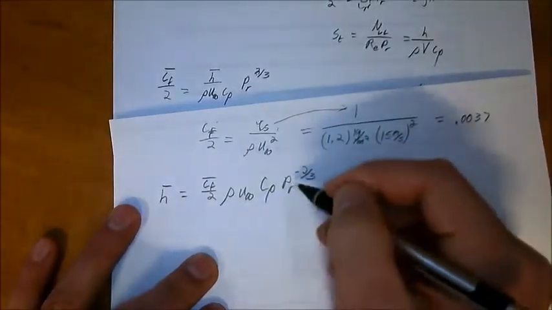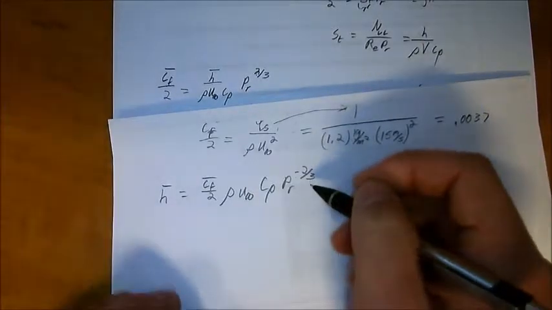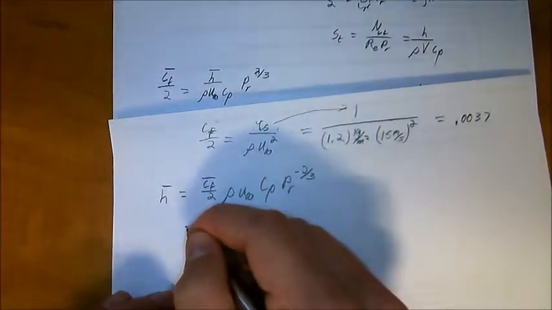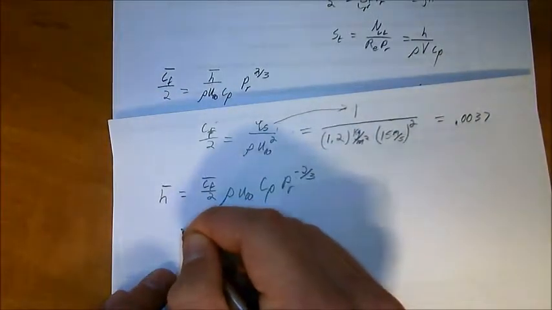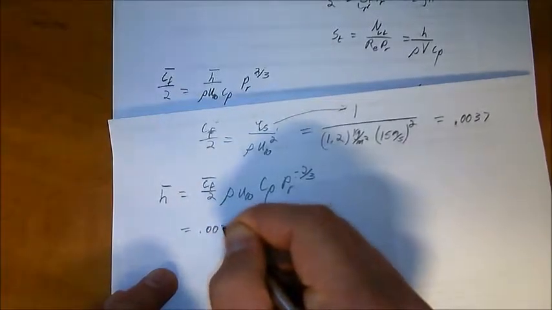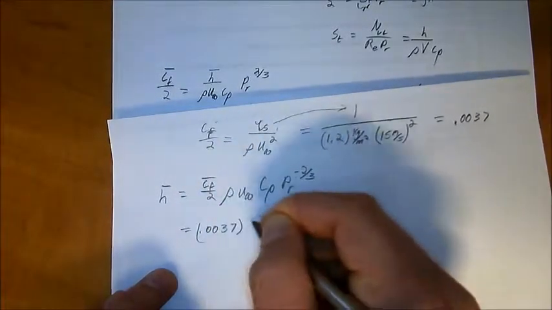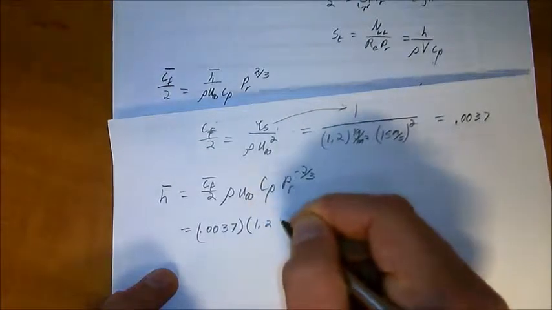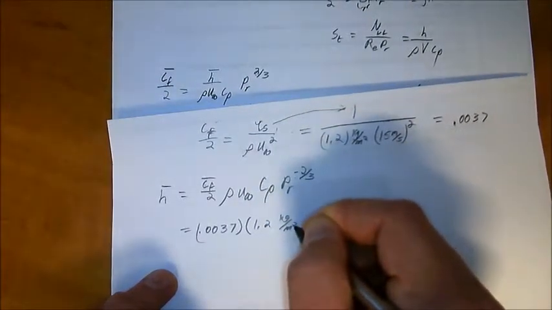I could put this in a denominator, but negative 2/3 just makes it a little cleaner and straighter here.